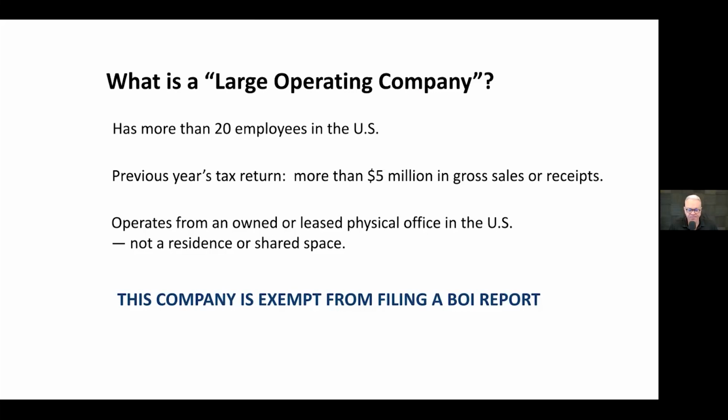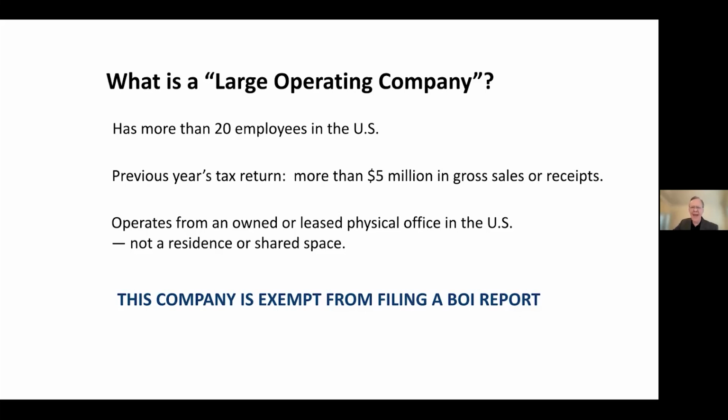Now, these have to be U.S. employees. Previous tax return had to show more than $5 million in gross sales or receipts. And you must also, these are and, not or. So you must also operate from an owned or leased physical office in the U.S. So you can't be running your business out of your home or shared space like a WeWork space. Okay. So you got to have a real business is what they're looking for.